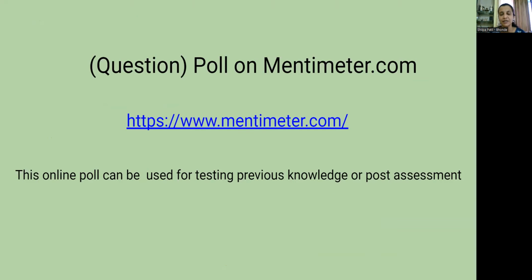After that, the teacher can take a poll. This poll can be taken on one of the sites I'm suggesting here, that is mentimeter.com. There are many such sites, but on Mentimeter we can create an account, log in, and use it. So the teacher can give a poll. This poll can be used for testing previous knowledge, as we have to develop the entire chapter.